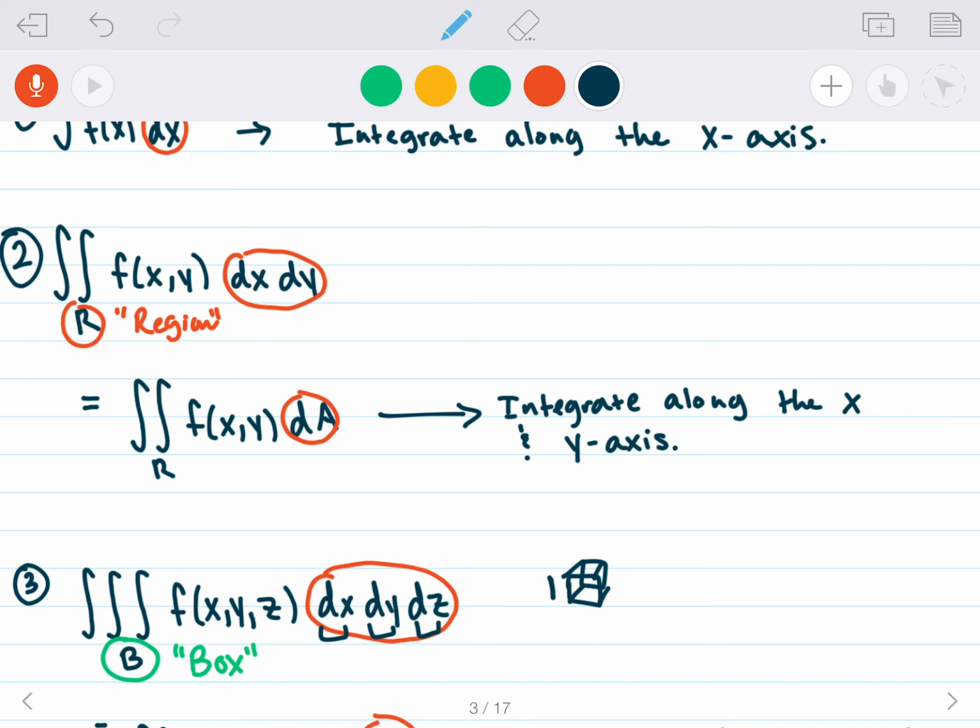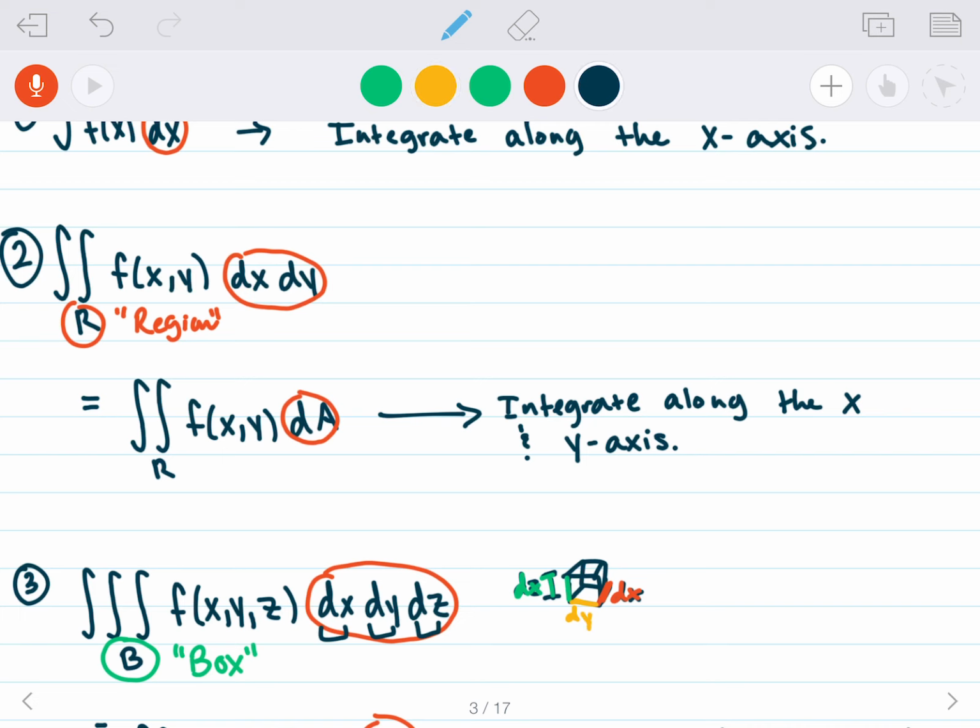The change in z could be the height, so this would be dz. The change in x could be parallel to the x-axis, so dx could be this guy right here. dz we can do in green, I guess. And then dy could be this guy right here. So these are the dimensions of a box.